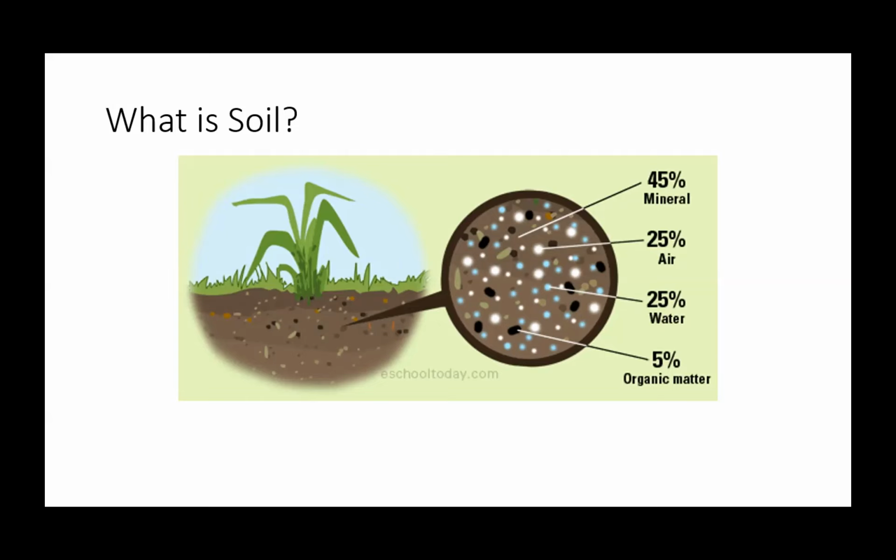And then usually what gives the soil the dark color near the top is the organic matter. So those are organic residues that are broken down from the plants and are serving as food for the microorganisms and nutrients for our plants. So we have some solid components, some liquid, some gases. So your soil should have all four of these.